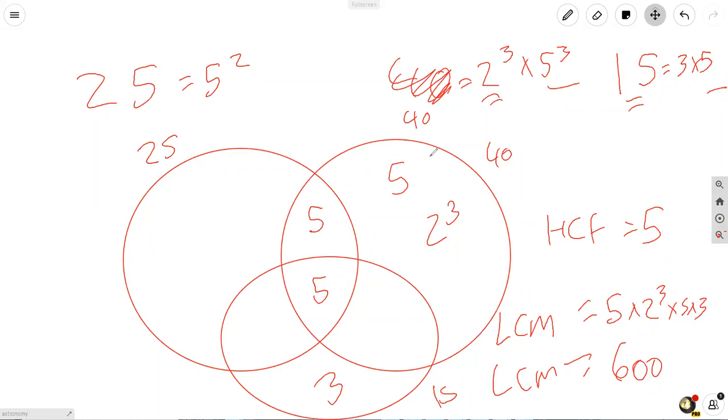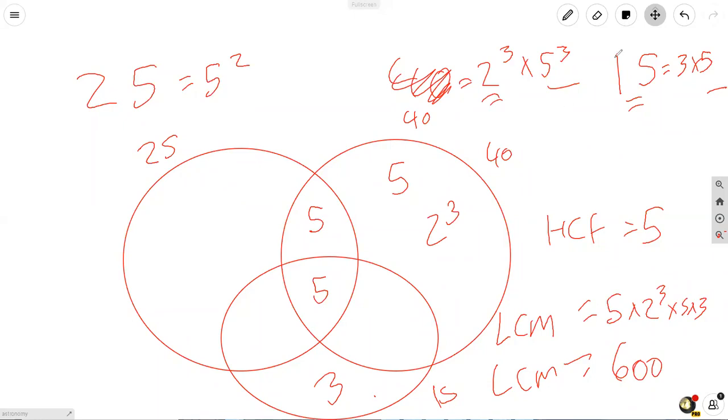The 40 still has 3 5s, but now the 25 and 40 have 2 lots of 5s at least in common, and the 3 only has 1 lot of 5. Does everyone get it? It satisfies all the rules.